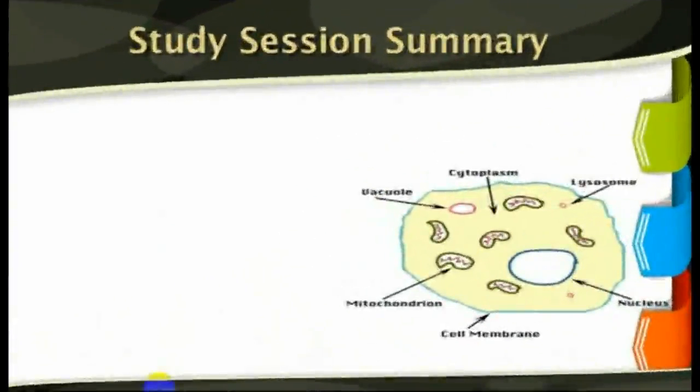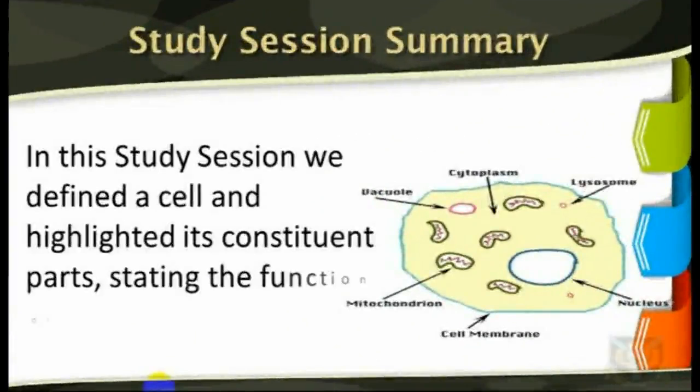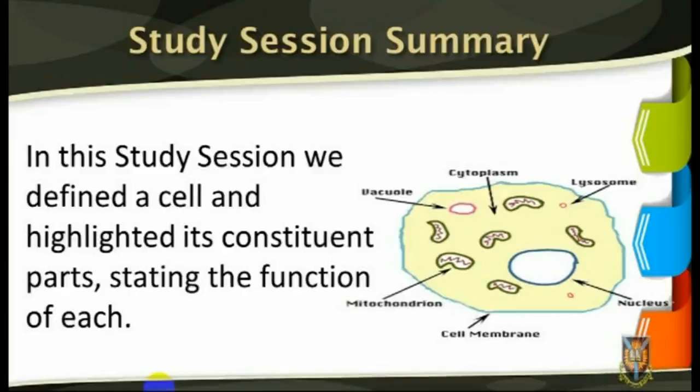Study session summary. A summary of our discussion in this study session is as follows. Cells are a basic structural and functional unit of the human body. A tissue is a group of cells that perform a specific function. An organ consists of two or more tissues that perform a particular or similar function.